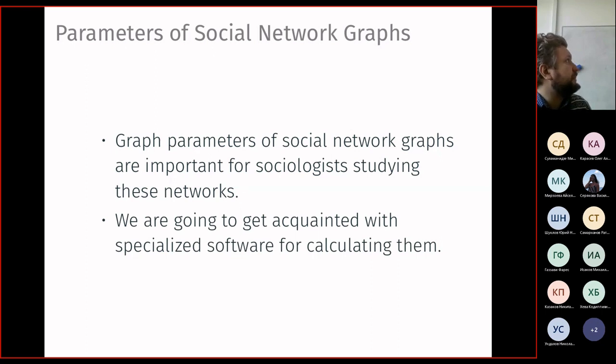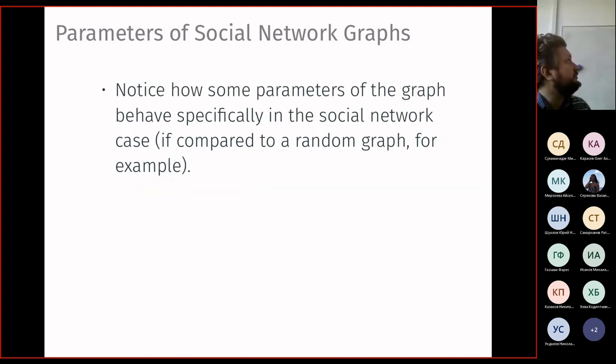We're going to get acquainted with special software for working with graphs, which they call networks. We'll see how some of the graph parameters have specific behavior in the case of social networks compared to a random graph. So we'll see that properties of these real world graphs could be different from something which you can generate theoretically.